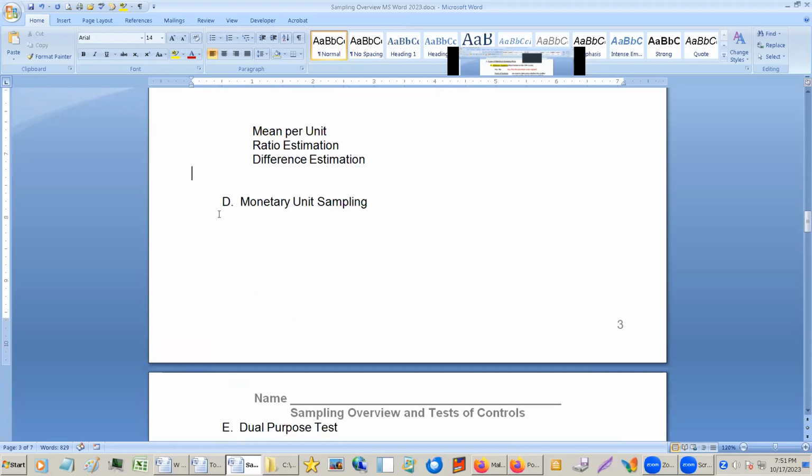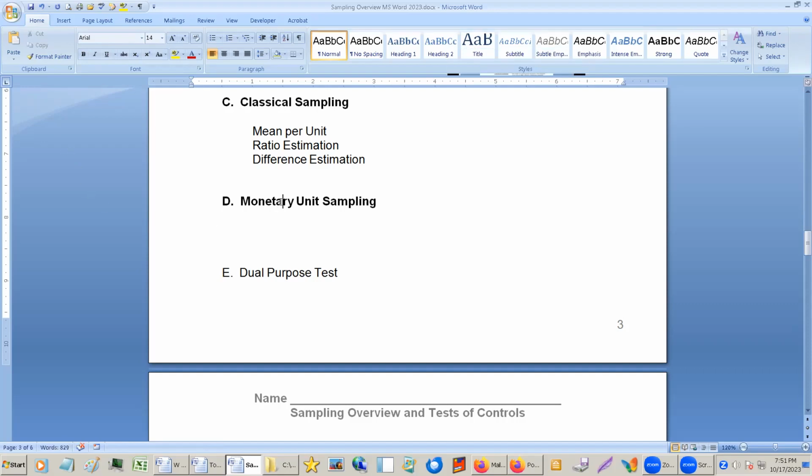And monetary unit sampling. I'm just going to leave that because we already did that. That's what we did the last time on sampling; monetary unit sampling is just monetary unit sampling.